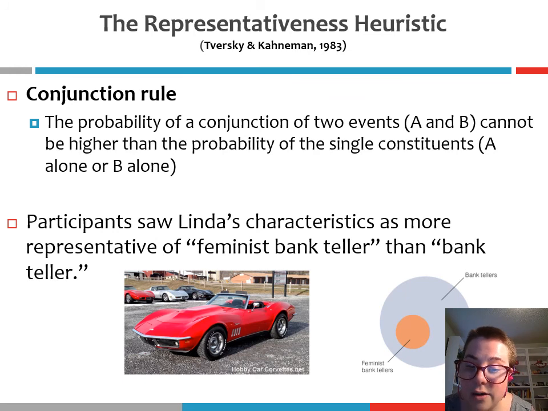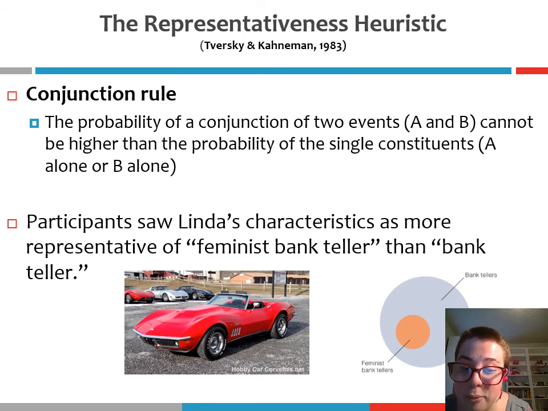So for example, the probability that Anne has a red Corvette can't be higher than the probability that Anne has a Corvette, right? Because if we look at the pool of cars available, there are far more Corvettes than red Corvettes, right?